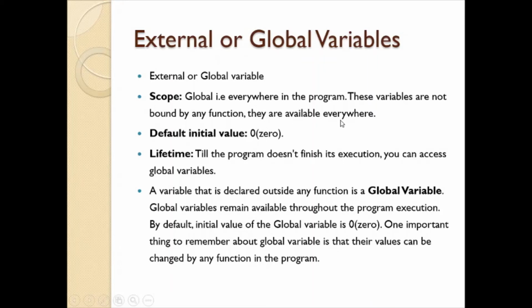As we have defined these as global variables, they do not belong to any particular function. You can use these variables throughout the program. That becomes the scope of that variable. The initial default value of these external or global variables is 0, and the lifetime is until the program finishes its execution.